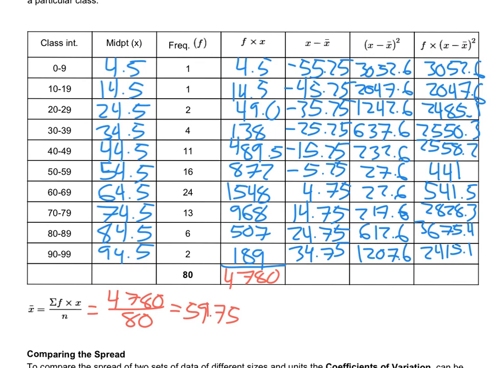Okay, and then I find the total of that column, so 22,594.99 basically.